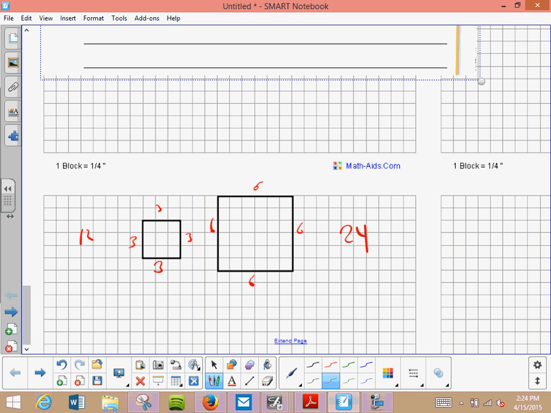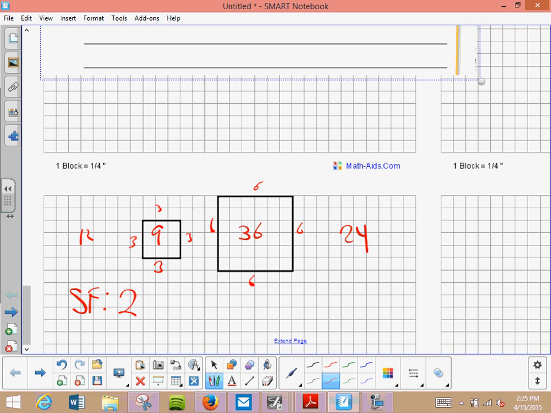But look at the area. Can you double 9 and get whatever the area of the other one is? No. What do you do to the scale factor to get the area of the other one? The scale factor is 2. This is 9, right? This is 36. What do I have to do to get to that? By 4? So what does that mean I have to do with the scale factor? We went over this.